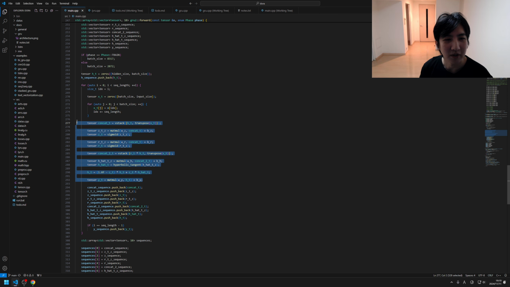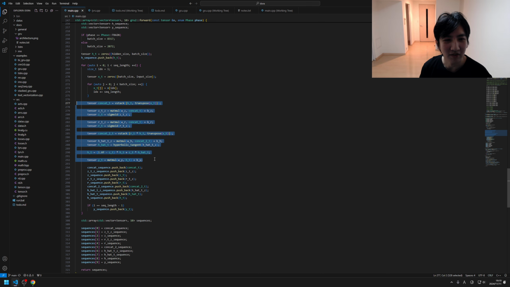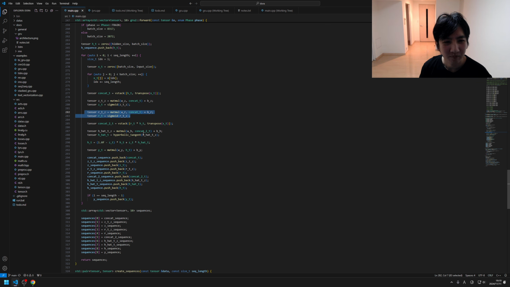This is where forward propagation happens. So this is the update gate, and this is the reset gate. And this is the candidate. This is called candidate hat.